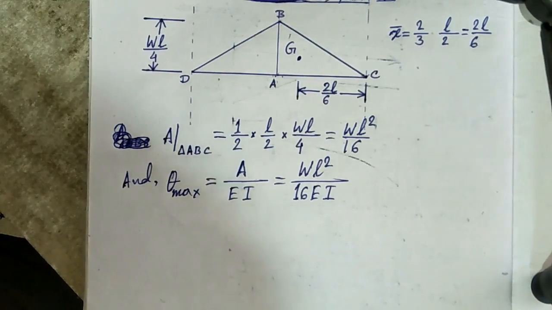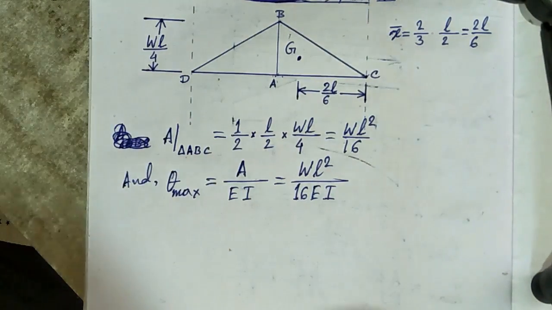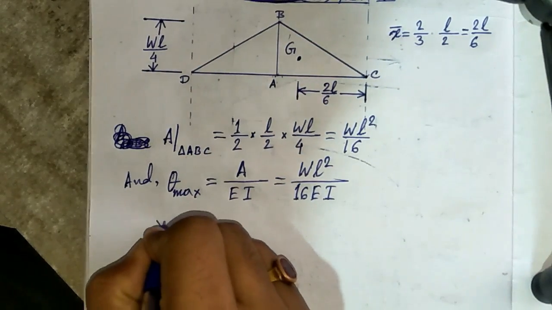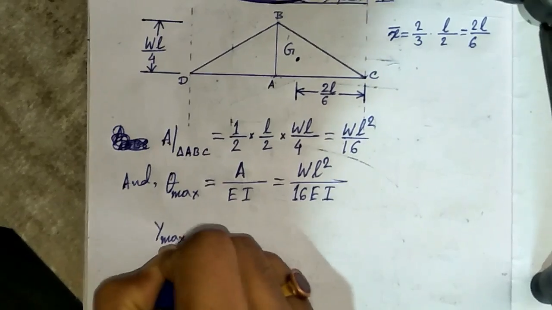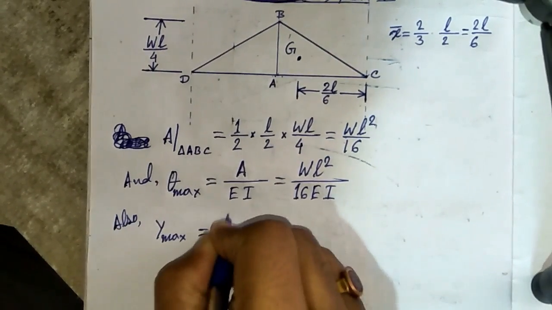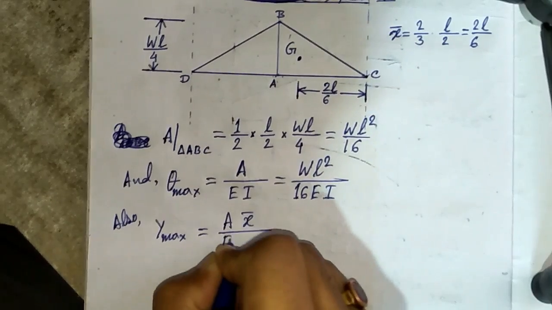Now the deflection formula: Y max equals A into x bar by EI.